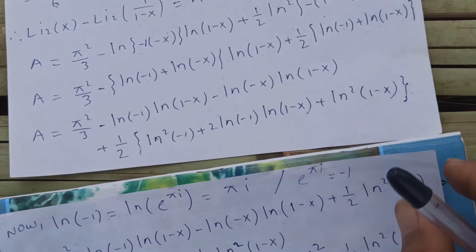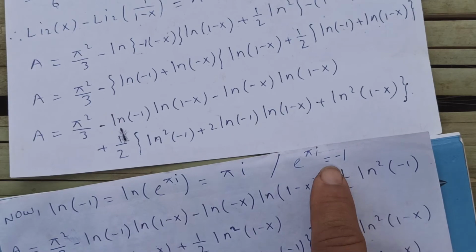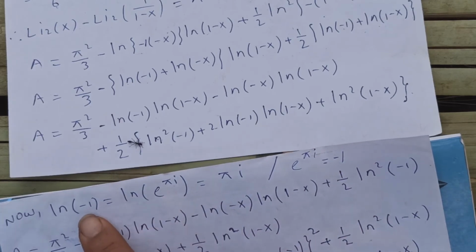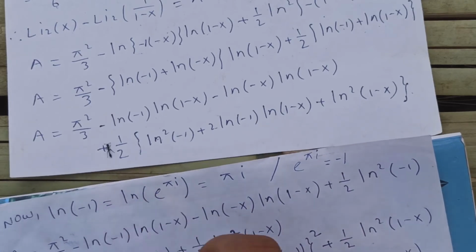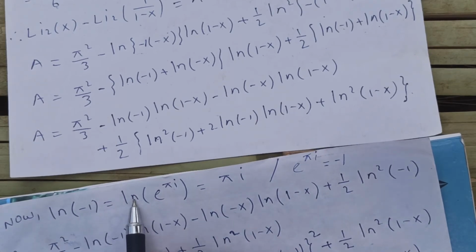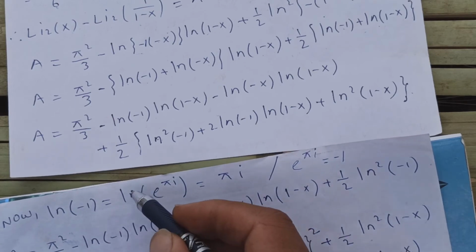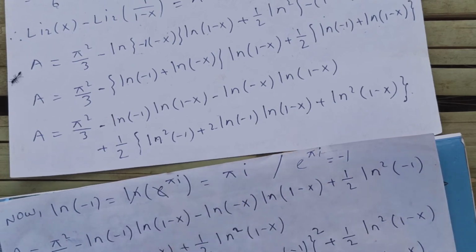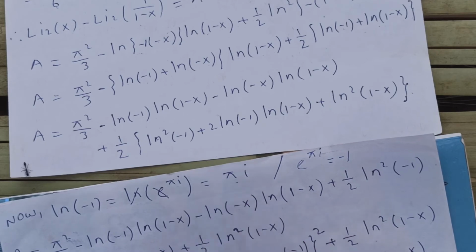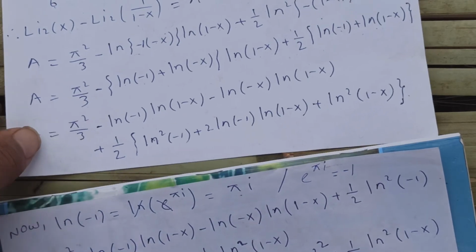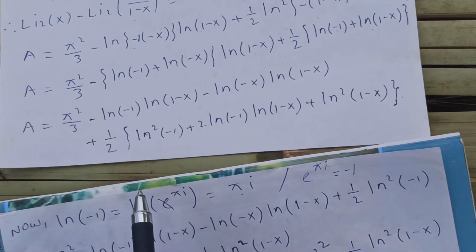So −1 is replaced by e^(πi). Since this is the natural log, which is base e, and this is also exponent e, the log and this e get cancelled out, and we get πi.